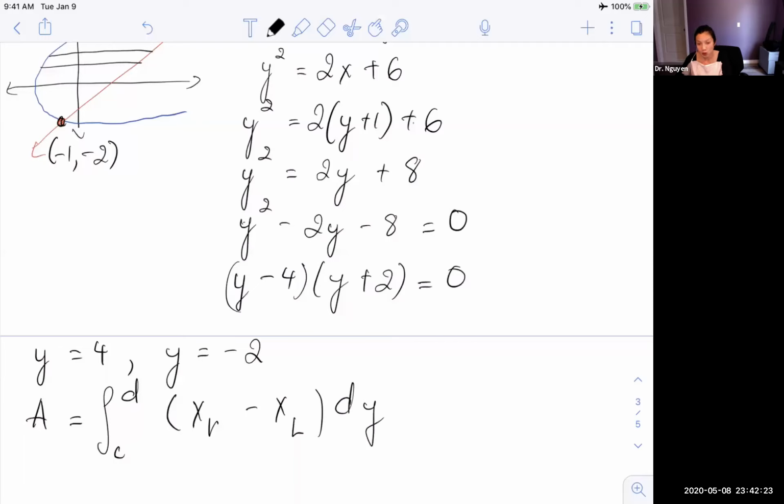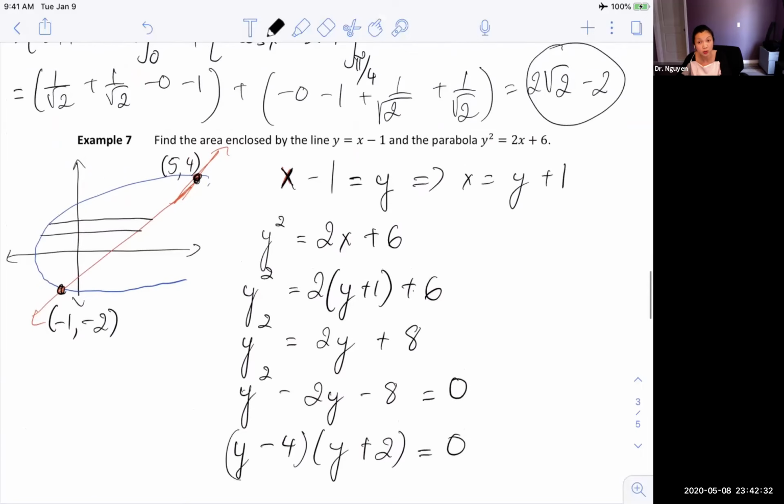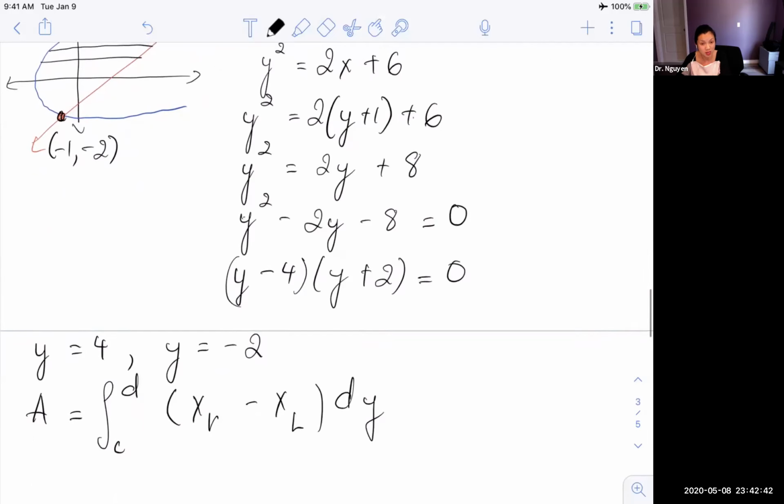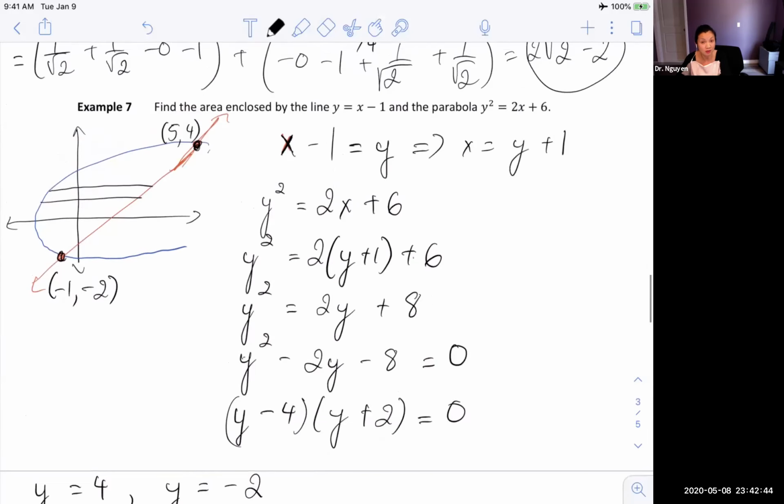Okay, so notice now we're going to integrate in terms of y. Therefore, you cannot use the original equation because in the original equation x is independent. Now we want y to be independent. So you're going to have to solve for x.